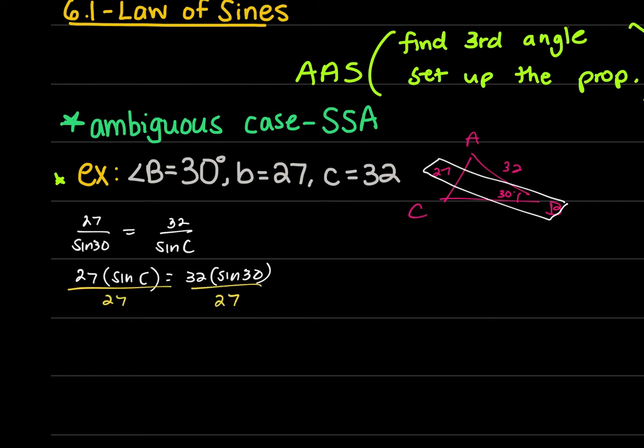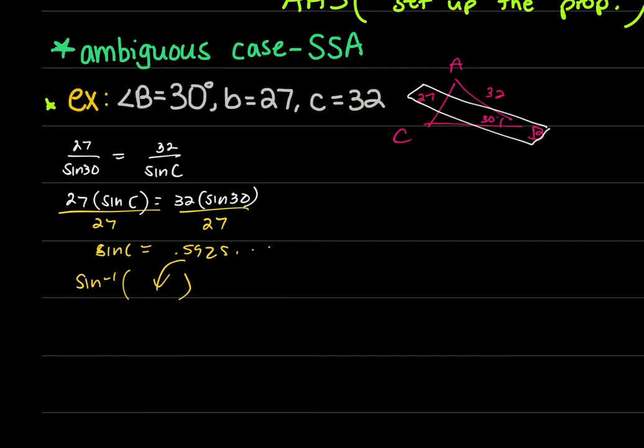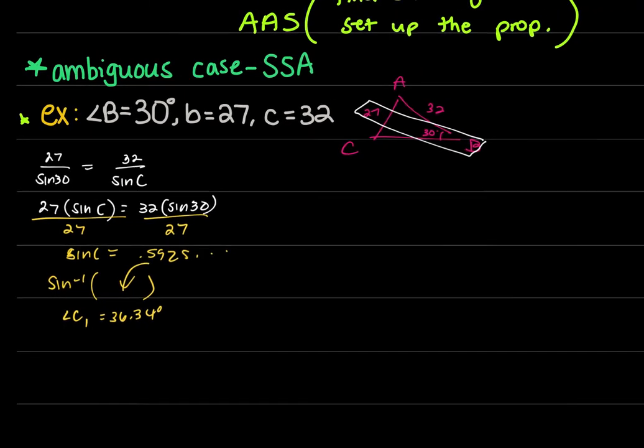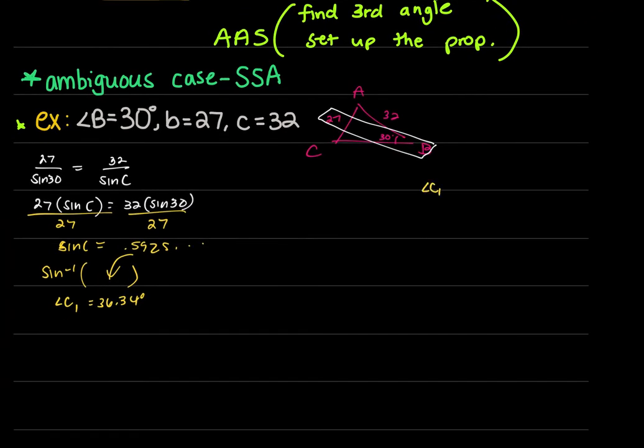So I get 32 sine 30 divided by 27, and I get sine of C equals 0.5925, and so forth. So I'm going to inverse sine that. And I get angle C, and I'm going to call it C1, 36.34 degrees. So that's my assumed first triangle, 36.34 degrees.